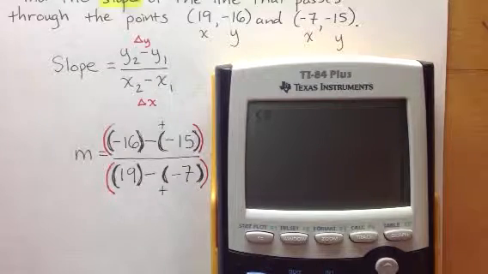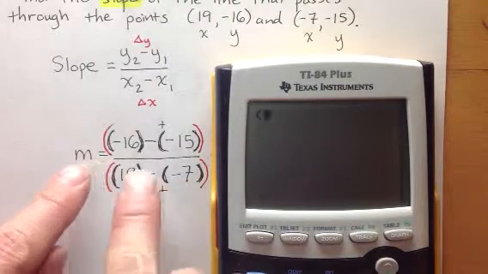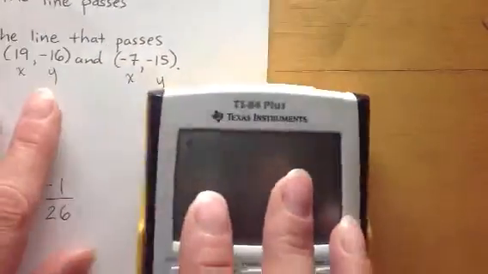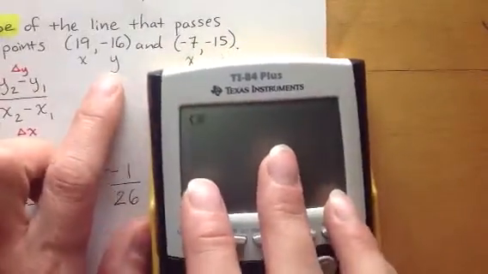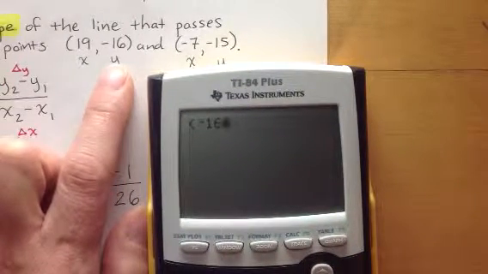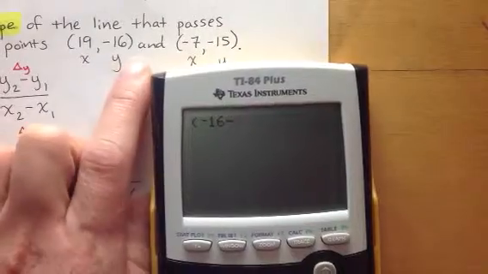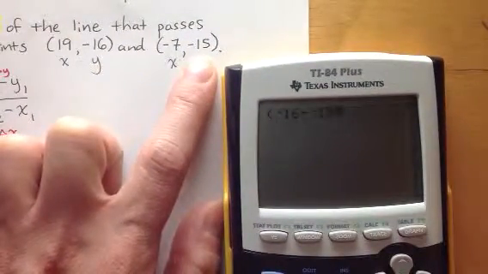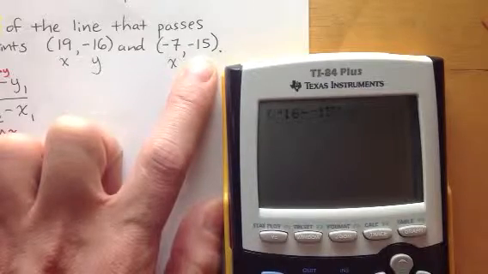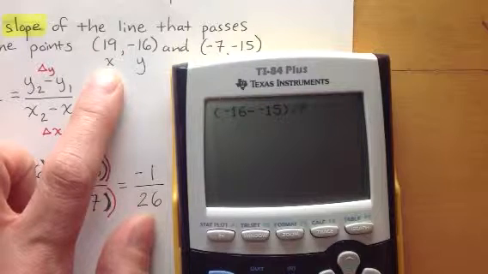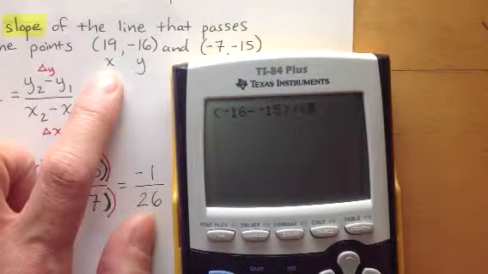So I'm going to do it. I'm not going to use the parentheses around the numbers we substituted. I'm going to come up here to my point, and I'm going to look at the coordinates, and I'm going to do y, negative 16, minus, and then I come to my y over here, negative 15. Close my parentheses. It's a fraction, so I have to tell the calculator do everything in the denominator before that division, so I have to use parentheses.